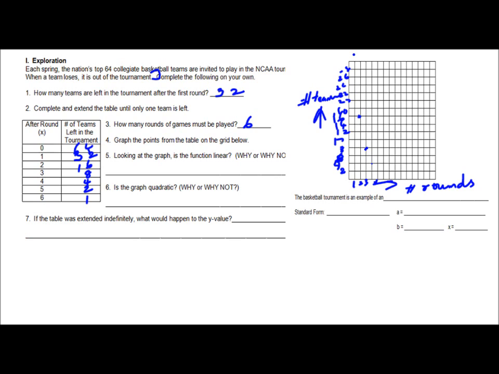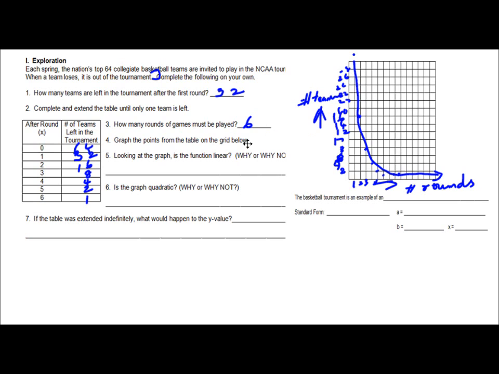So here. After the fifth round, you'll have 2 left. And after that, you'll have just 1. 1, 1 all over. So looking at our graph, if I make a nice curve this way, it'll go here. Will it ever touch the x-axis? No. So we'll talk about that also in a bit.